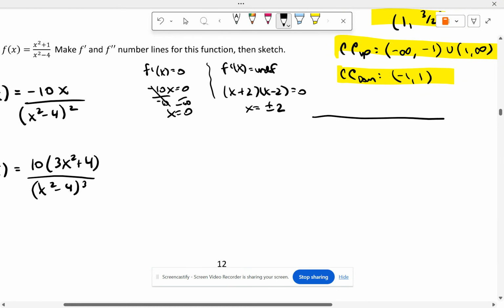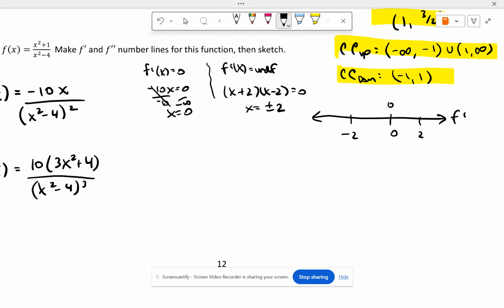So we're going to go ahead and make our first derivative number line with -2, 0, and 2. So 0 came from the function actually being equal to 0. And then -2 was where we were undefined, and +2 was where we were undefined.